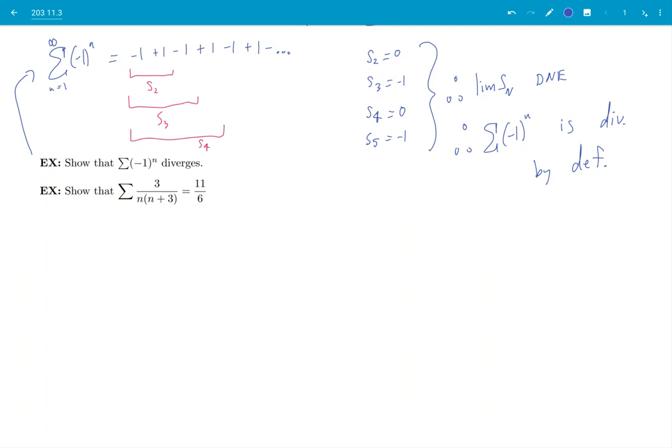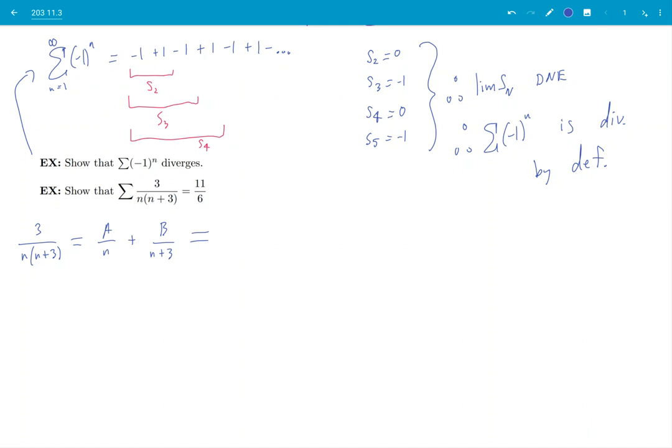Okay, next example. We're going to look at this guy right here. What am I going to do? I'm going to look at the summand and say that looks like partial fractions: A over n plus B over n plus 3.